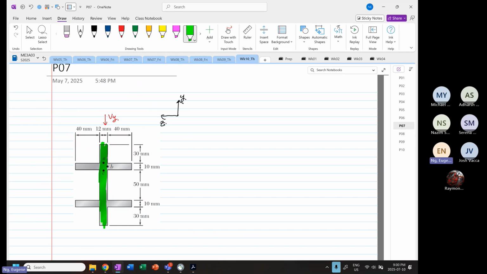Okay, and we know that for Vy, we are interested in Izz, right? So the axis of interest is ZZ. Okay, so this is a flow, right? So this is one terminal.